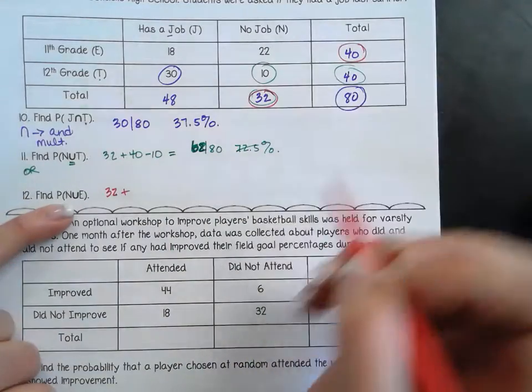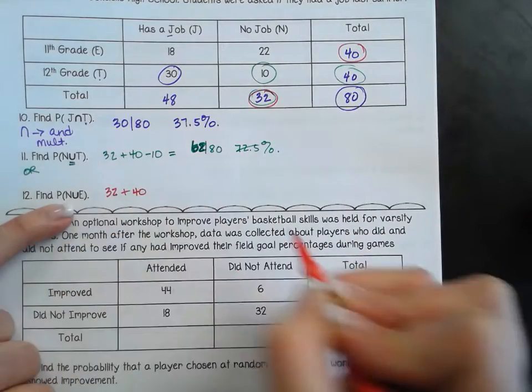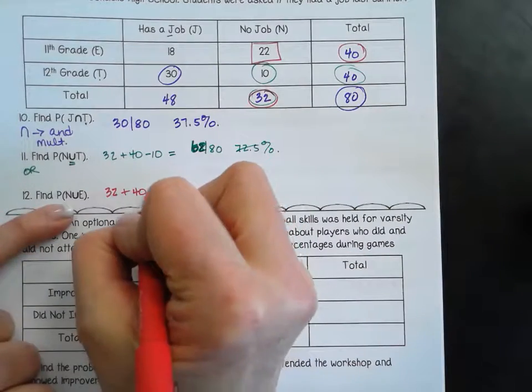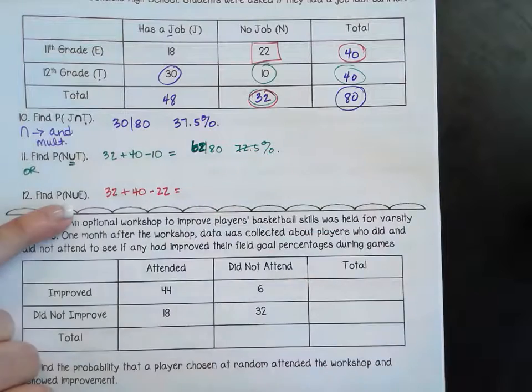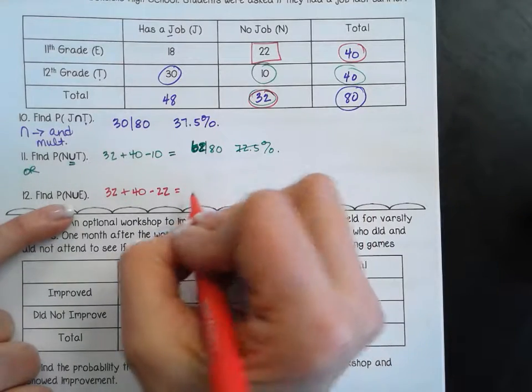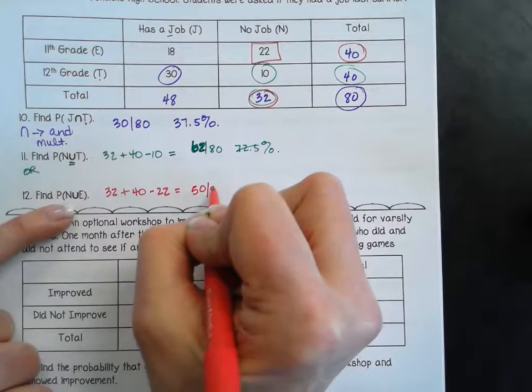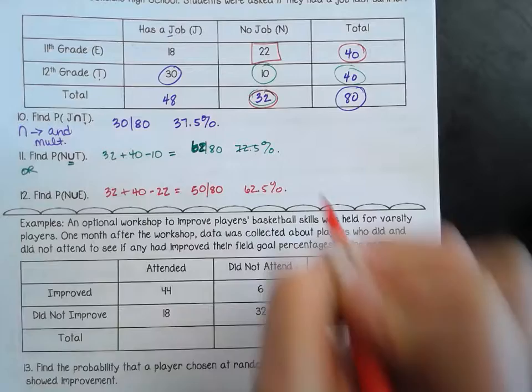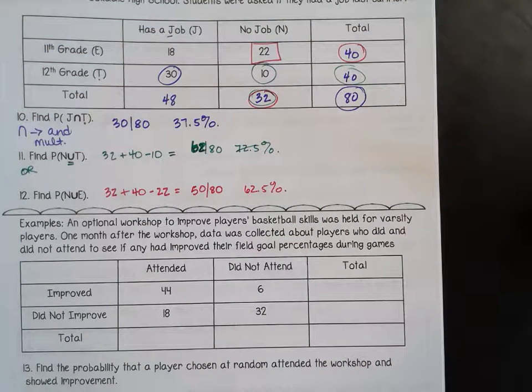I have 40 11th graders, and I have 22, so that gives me a total of 50 divided by 80.